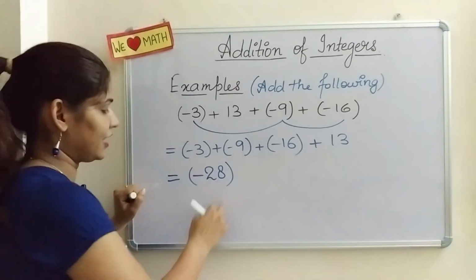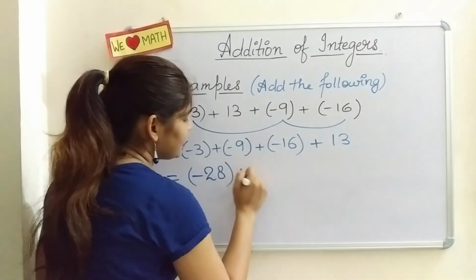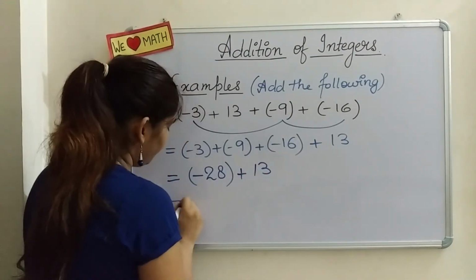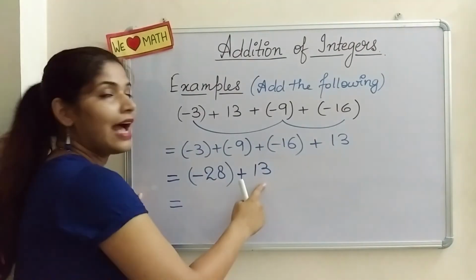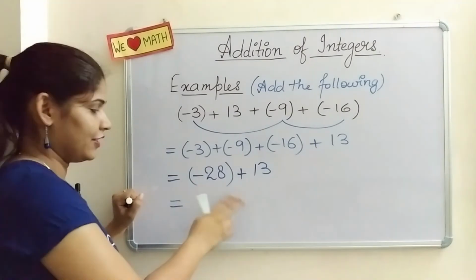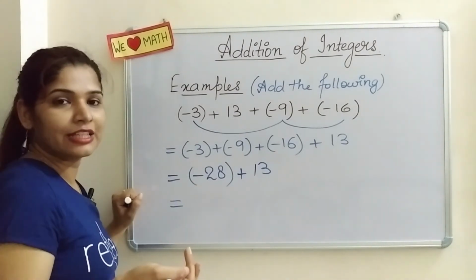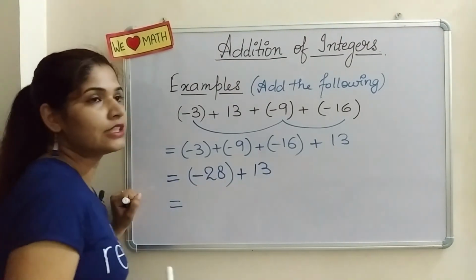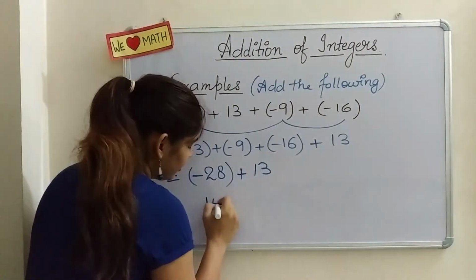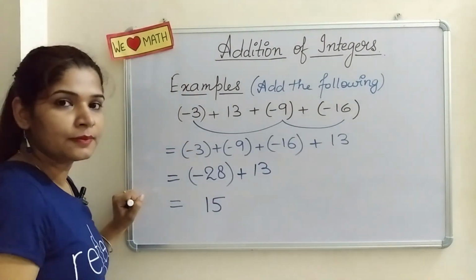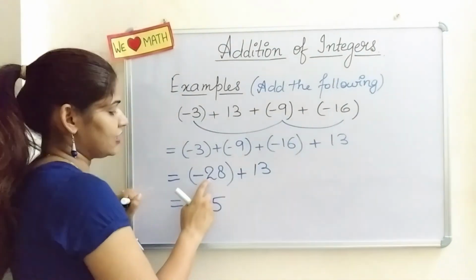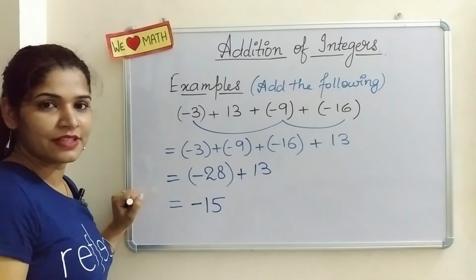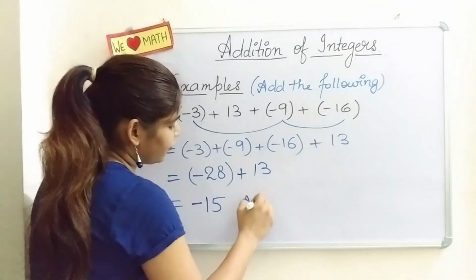That's why we are writing -28. Then plus 13. Now we have to apply rule number 2, minus and plus. When we have different signs, we subtract the absolute values. So 28 minus 13 will be 15. What will be the symbol? Yes, you're right, the symbol will be negative because the bigger number is with the negative symbol. So this is the answer.